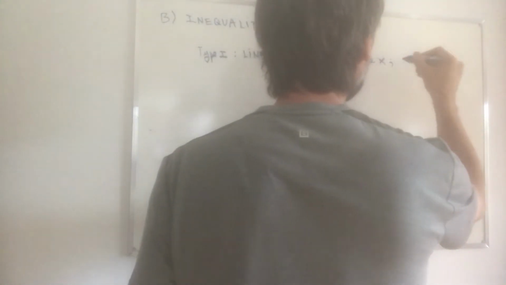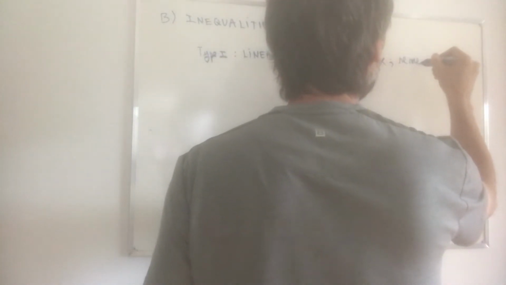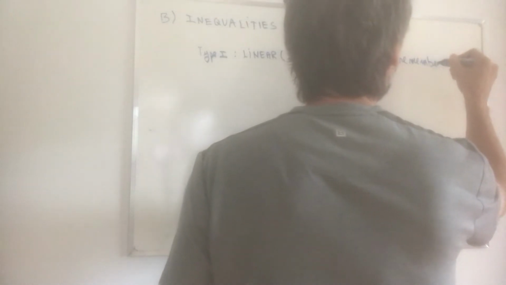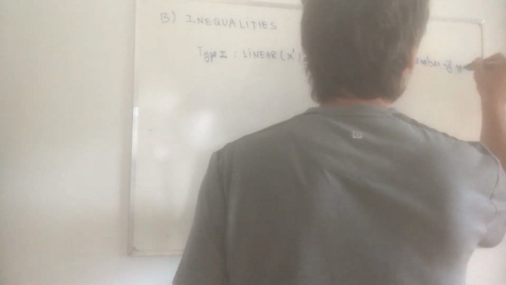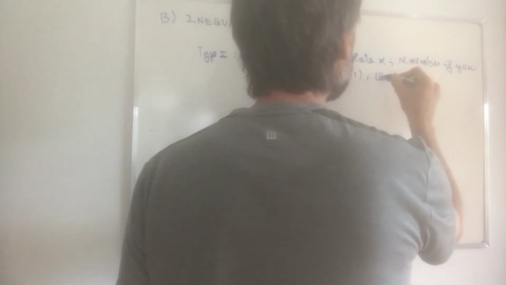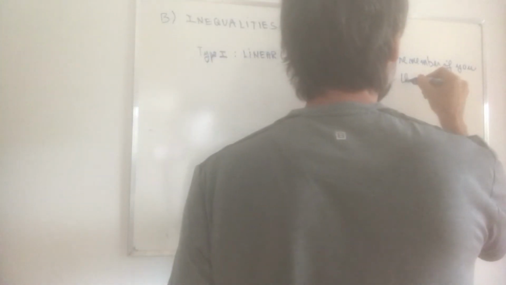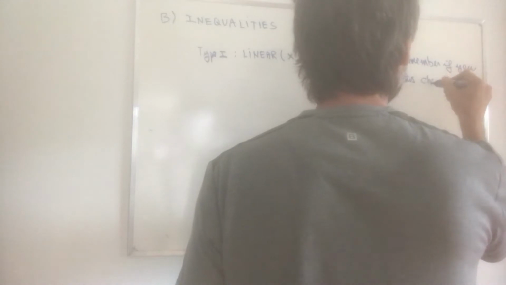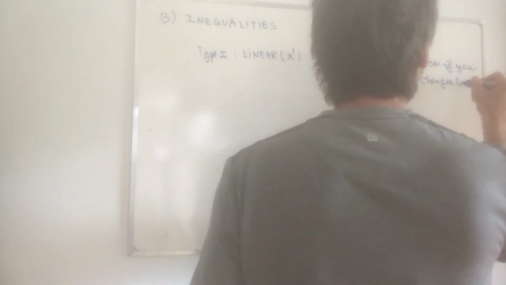Now, one thing to remember here: if you end up multiplying by -1 in order to get what x is, then this changes the inequality sign, from less to greater, from greater to less.